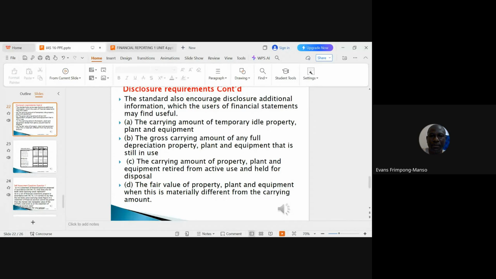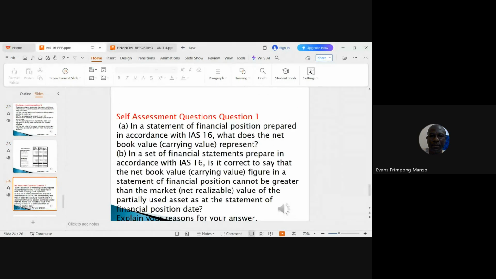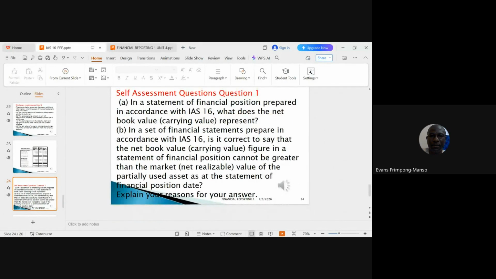Then, in a set of financial statements prepared in accordance with IAS 16, is it correct to say that the net book value, which is the carrying value figure in a statement of financial position, cannot be greater than the market or realizable value of the partially used assets as at the statement of financial position date? Explain your answer with reasons.